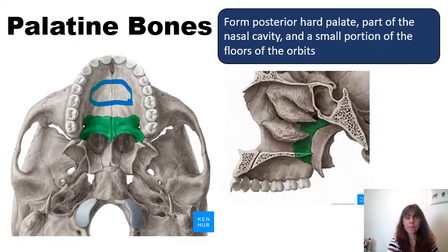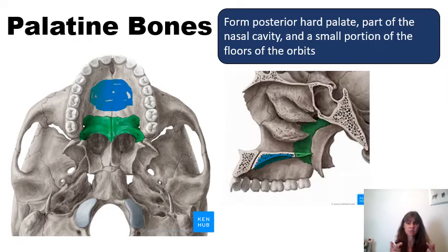Why is it called the palatine process of the maxilla? Well, this area joins the maxilla to these bones that are in green, the palatine bones. So here we have the maxilla, the palatine process of the maxilla, going toward the palatine bones in green.